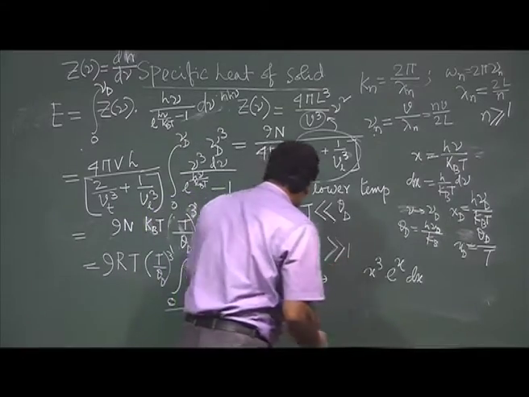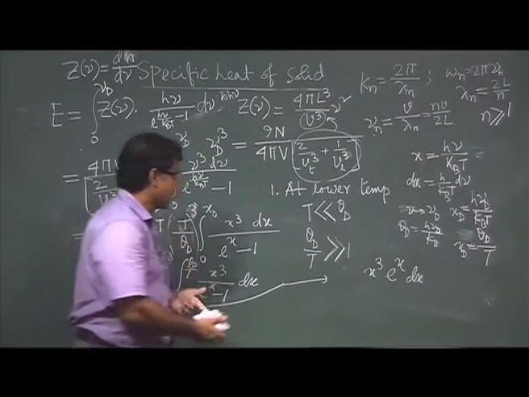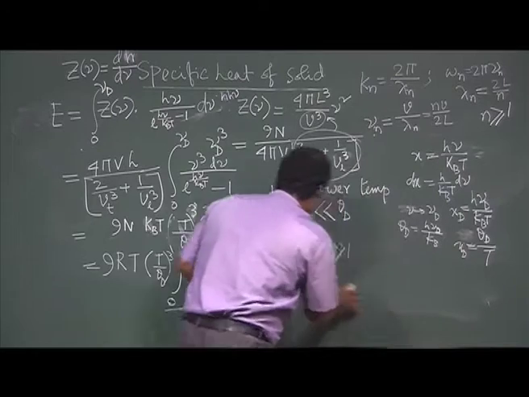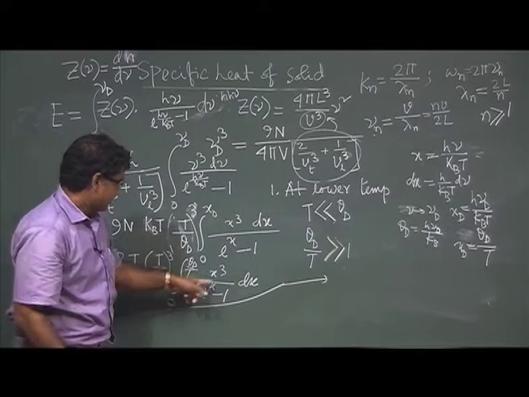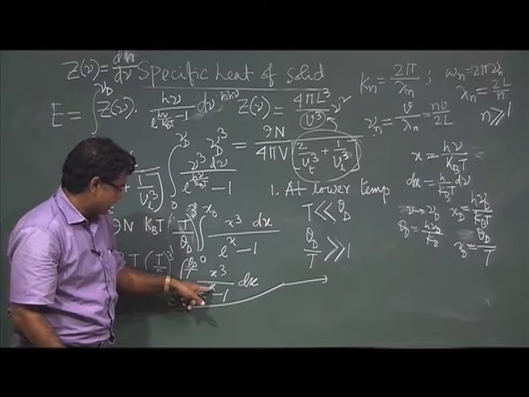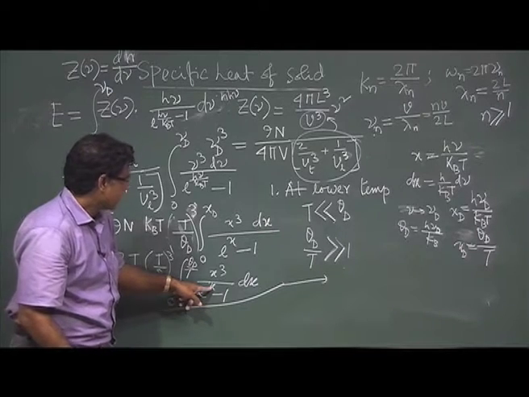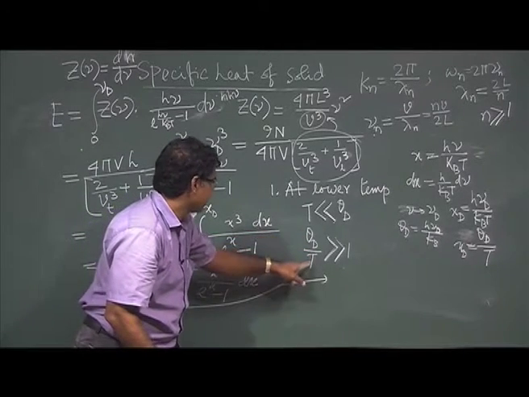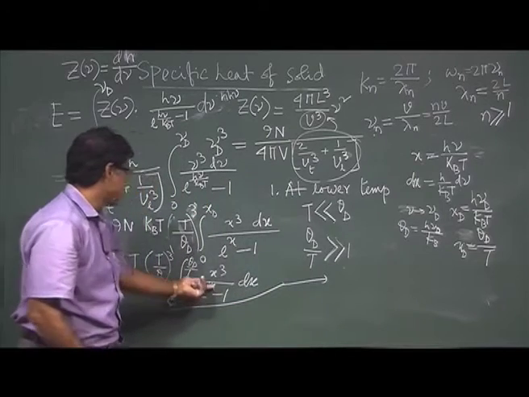In this case, theta D by T is very much greater than 1, x is very much greater than 1.